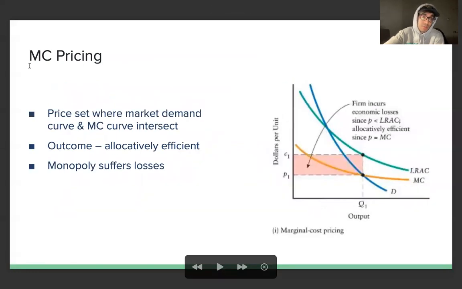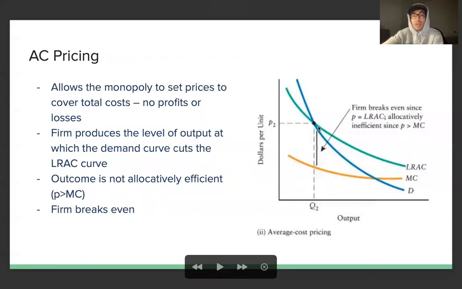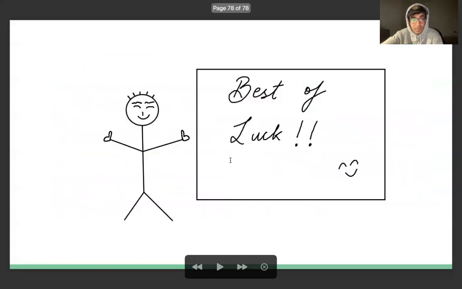It's the opposite of MC pricing, where we try to put price equal to MC. Here, we're trying to put profits at zero, but that becomes allocatively inefficient because the price becomes greater than marginal cost. But the firm breaks even.